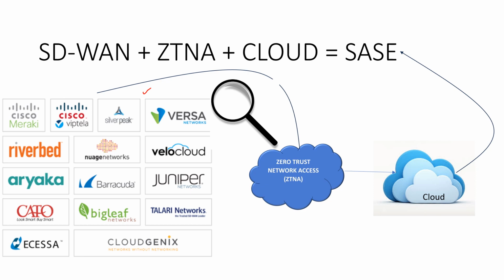It allows organizations to dynamically route traffic across different network connections such as MPLS, broadband internet, cellular network based on the application requirement, network conditions, cost consideration, etc. So SD-WAN enhances network agility, reduces your cost and improves application performance.